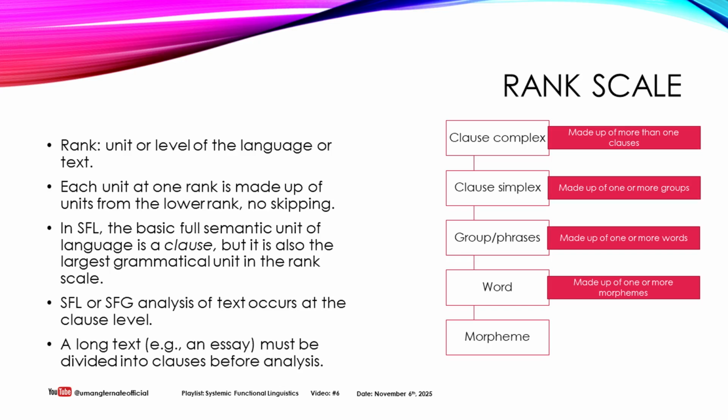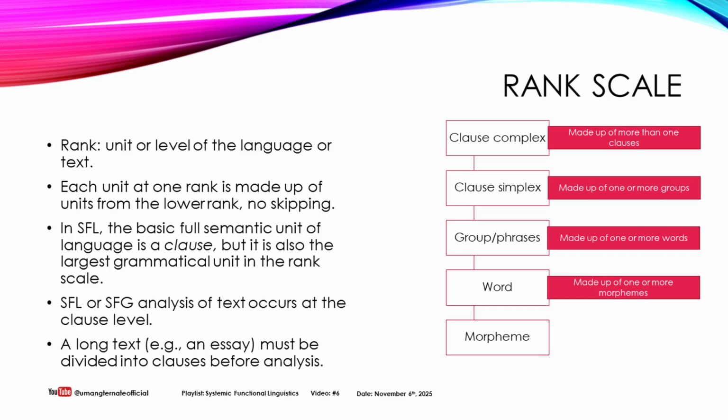Umang may mean that we can only make a clause by starting with the morpheme and then word. Yeah, it makes sense because a word is made up of one or more morphemes, and it is impossible that a group has no word. Okay? It can also be seen here that a clause is semantically the basic full unit of meaning in the text, as Umang discussed in the previous videos.